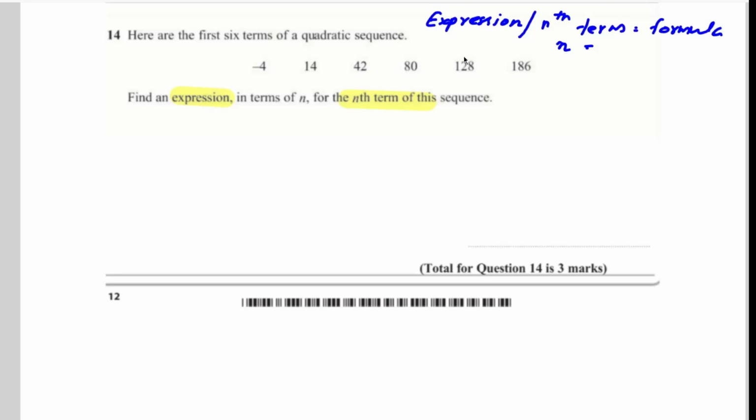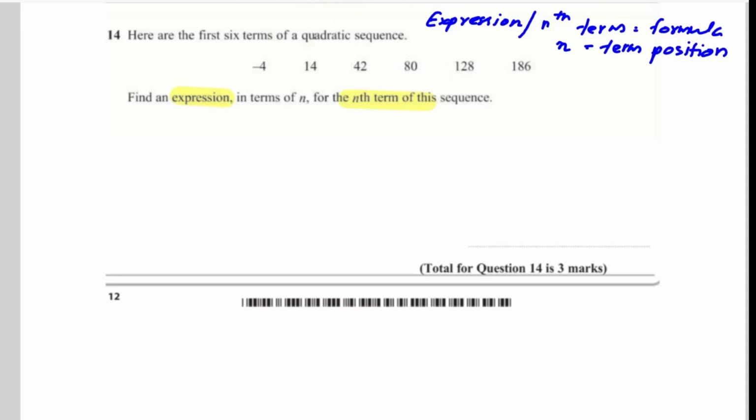N means term position. If I want to talk about 128, n means 1, 2, 3, 4, n equals 4, right? So n means term position or term place.